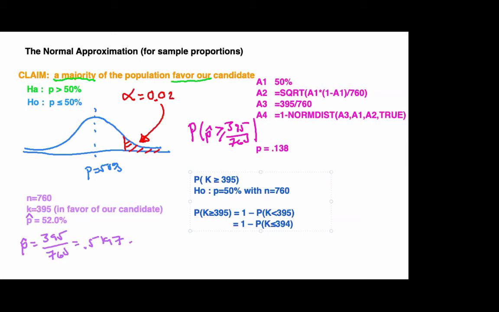You have to remember to do that whole number adjustment. So the function in Excel would be 1 minus binom dist, 394, comma 760, comma 50%, comma true. And that would give us a p-value of 0.146.